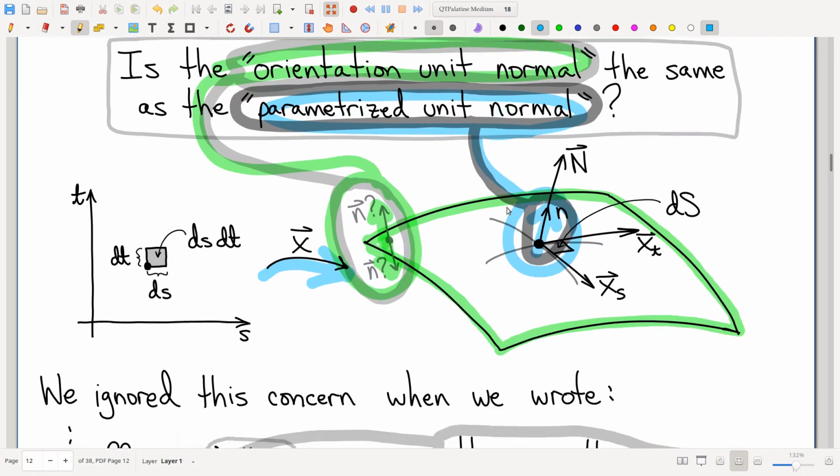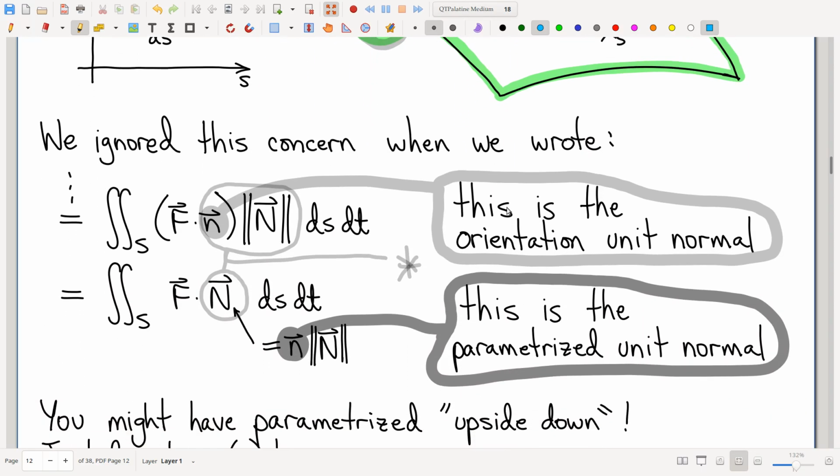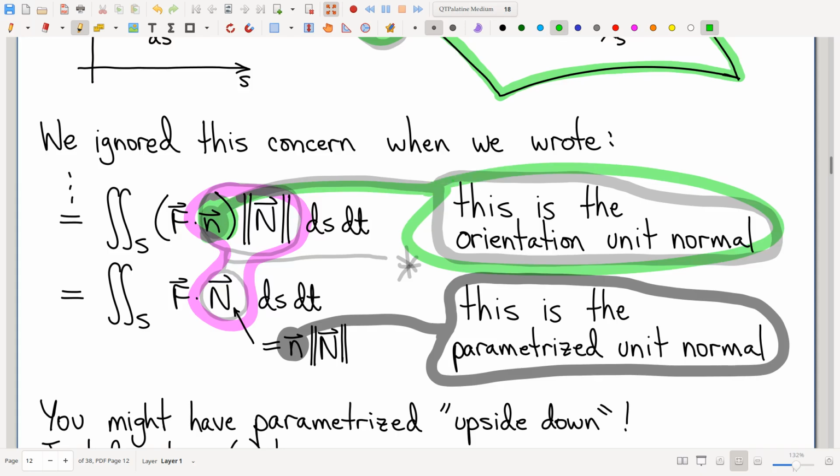Now, this is the mistake that I made, my little math crime. I wrote down that this was equal to this, but importantly, this one came from the surface itself. When I claim that capital N is a direction and a magnitude, yes, that's true, but the direction comes from the parameterization.